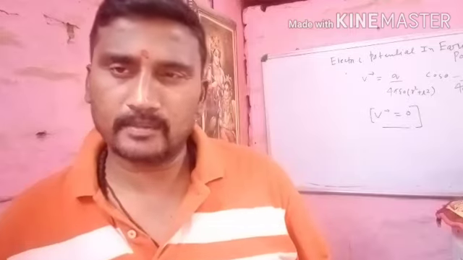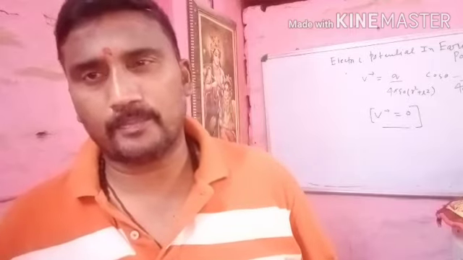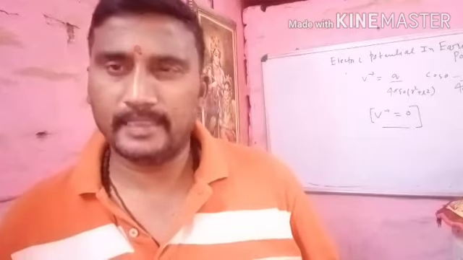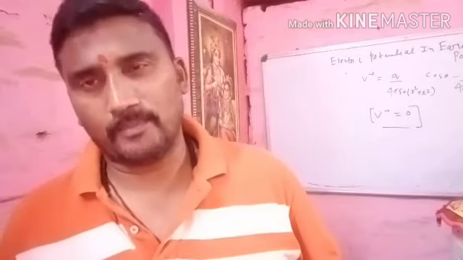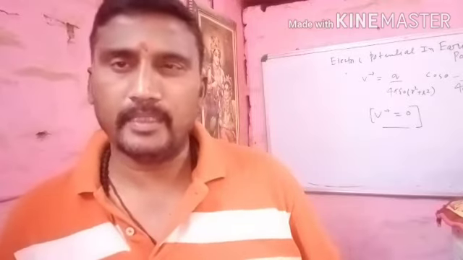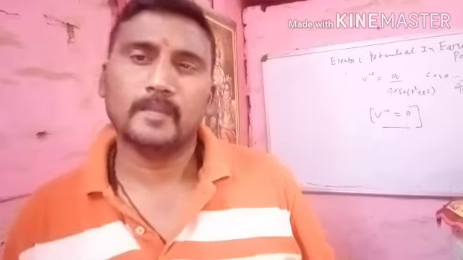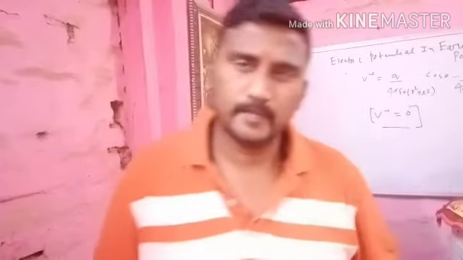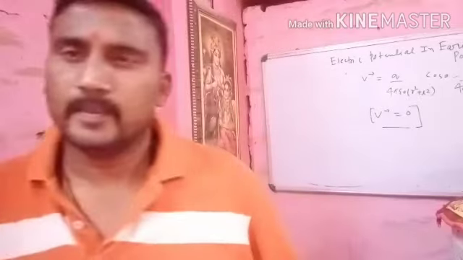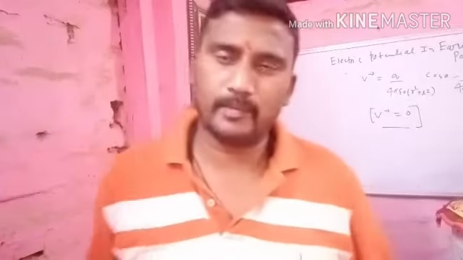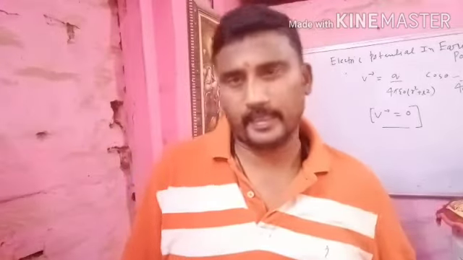The values are the same but the charges are opposite, plus Q and minus Q, therefore the total potential will be 0. That was the concept of the equatorial position of an electric dipole.